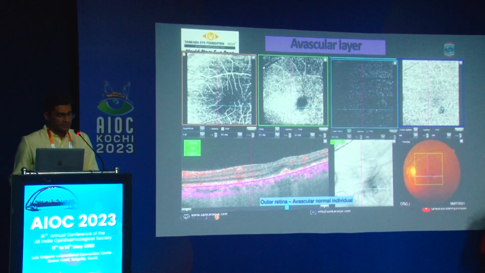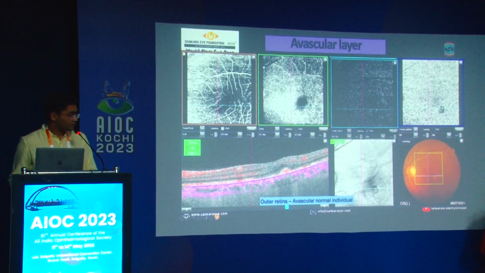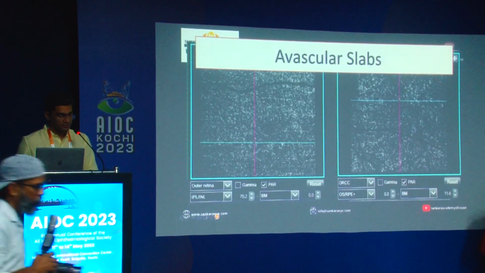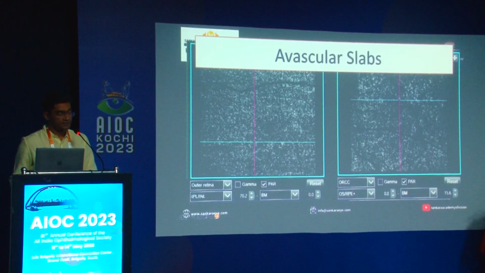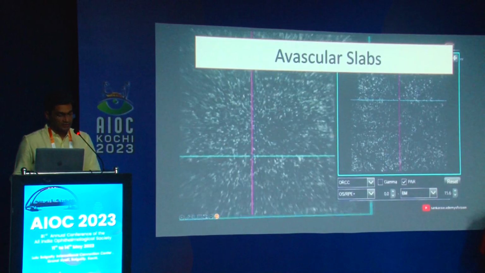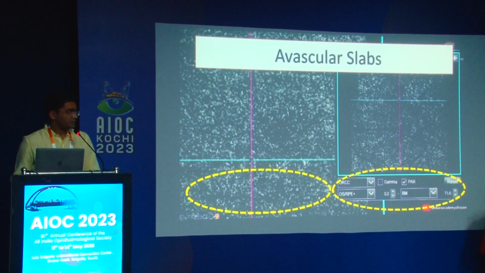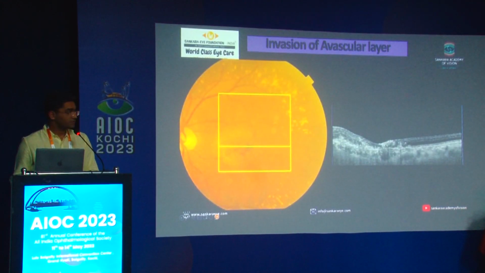The avascular layer is the layer in the outer retina, or sometimes we can have another segmentation, which is ORCC, the outer retina choriocapillary slab. Usually we would see that there is no vascular signal in that, and if we are finding anything in that segmentation, that means there is invasion of that avascular layer, which can come in different variations.